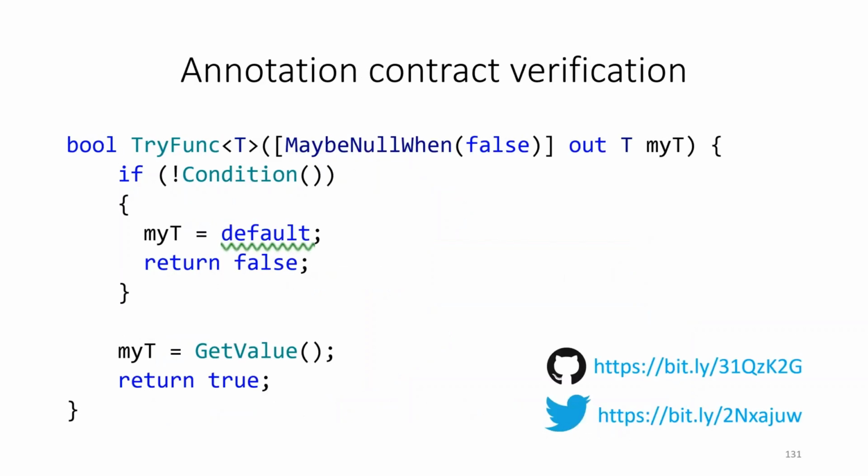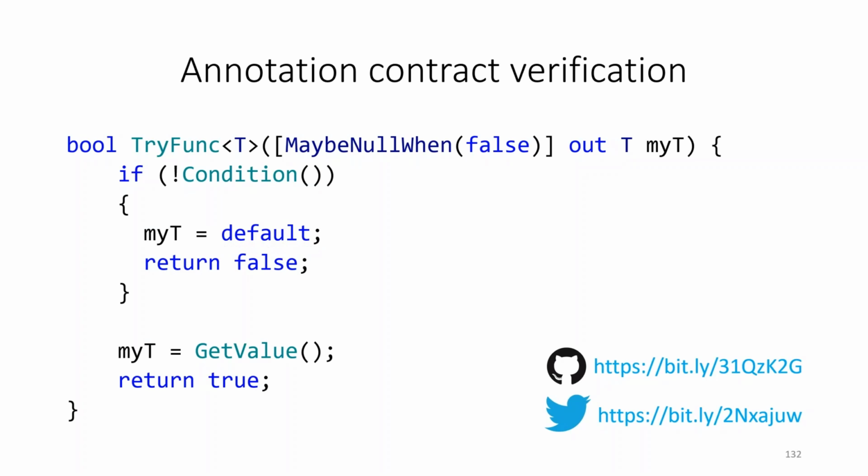And probably one of the reasons why this feature wasn't answered correctly in the first place, maybe null when false, is because it didn't work this way when the feature was released. So lots of people tried it and it didn't work out. And actually, you still got warnings for assigning default values even if you put an attribute there.